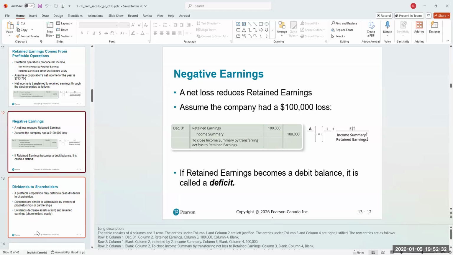If the retained earnings account ends up with a debit balance, that means we have a deficit. Now, on the basic accounting equation, contributed capital plus the retained earnings gives you the shareholders' equity. Imagine the shareholders invested $100,000. Current retained earnings has a debit balance of $20,000.